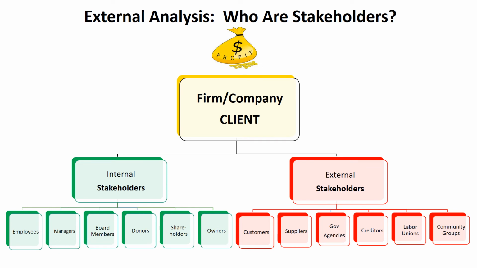The last part of the external analysis is reporting on your stakeholders. You need to examine them from both the internal stakeholders, like your employees, managers, and shareholders, as well as your external stakeholders like customers, suppliers, labor unions, and community groups. Each client will have their own unique set of stakeholders.